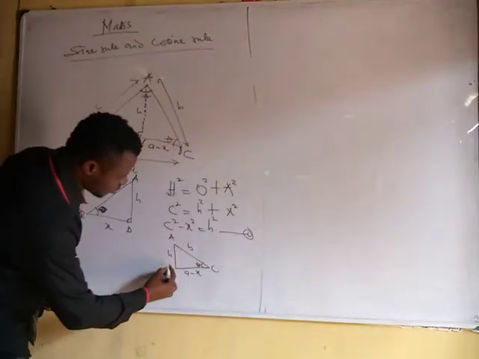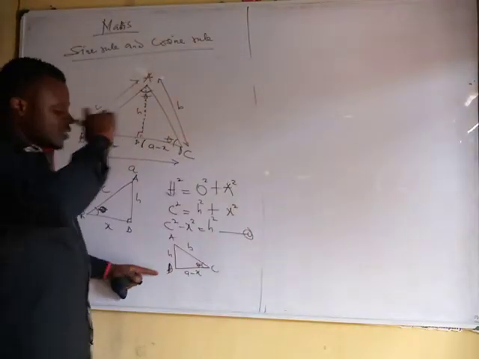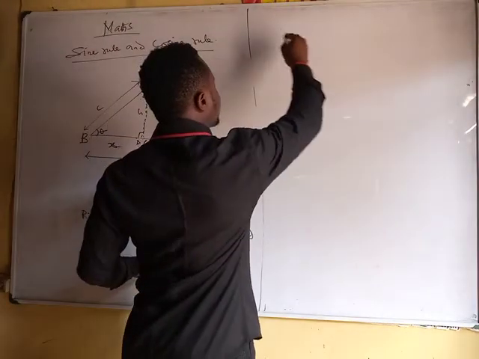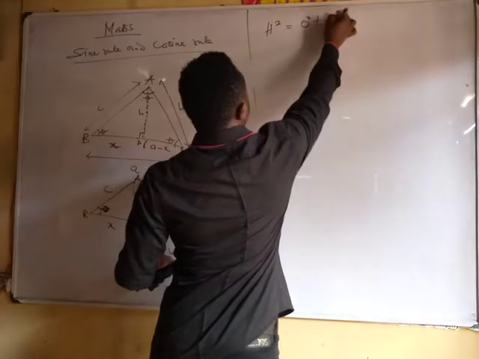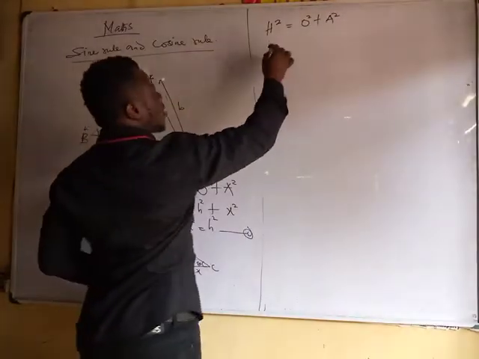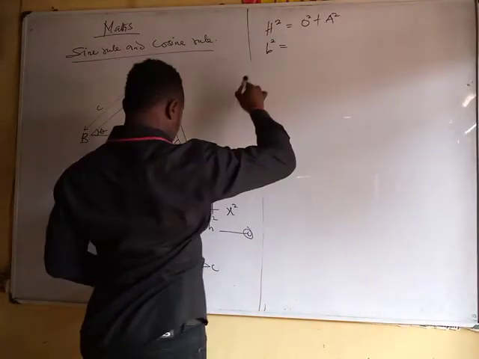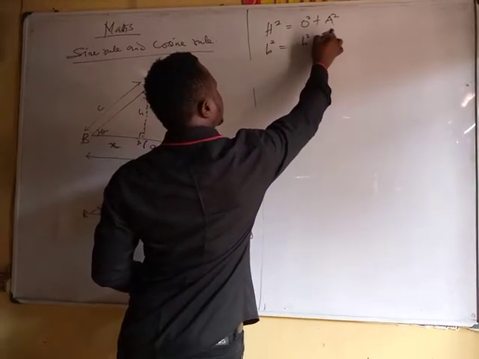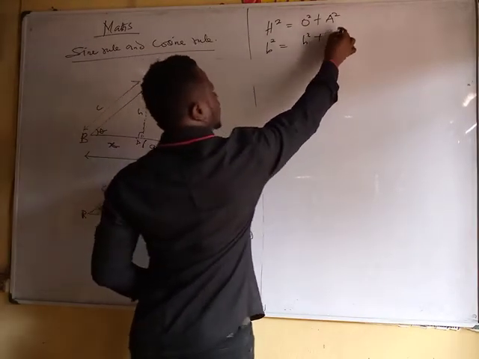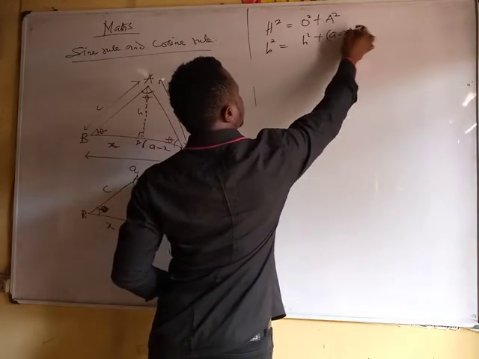Sorry, this is our D. In this case, hypotenuse square is equal to opposite square plus adjacent square. Our hypotenuse square is b square, which is equal to opposite, h square, plus we have (a minus x) square.